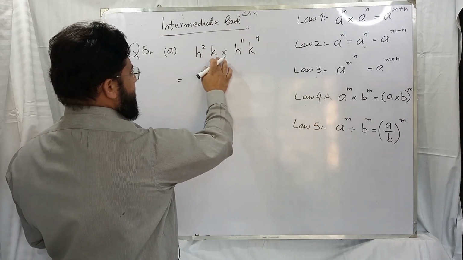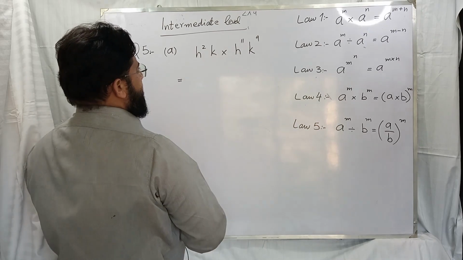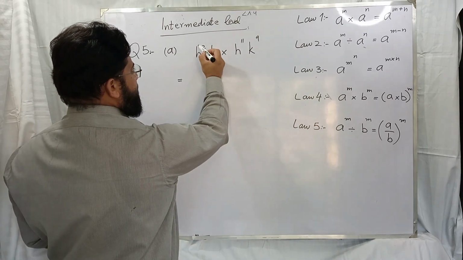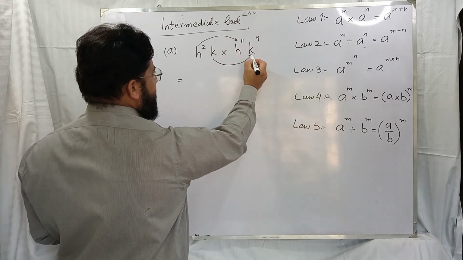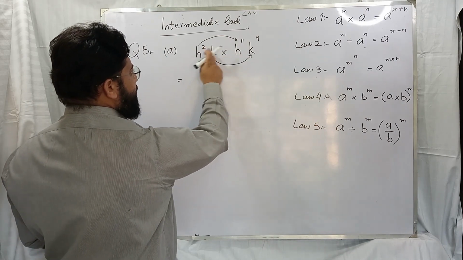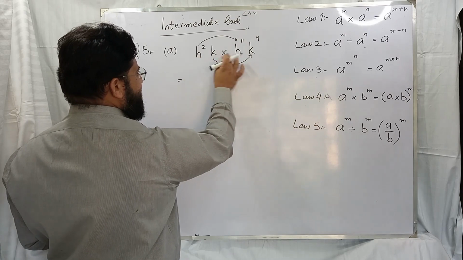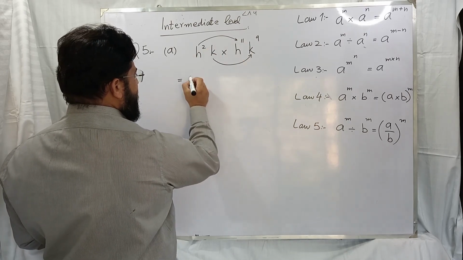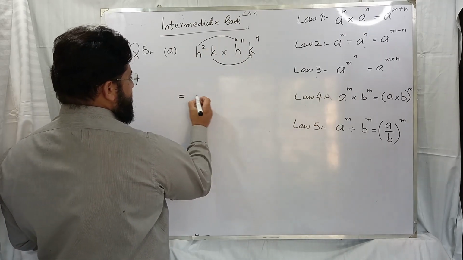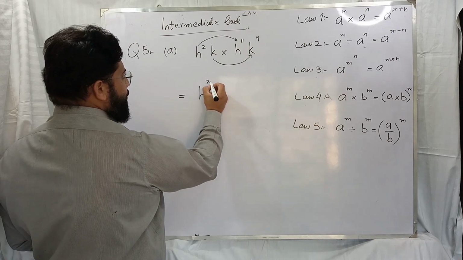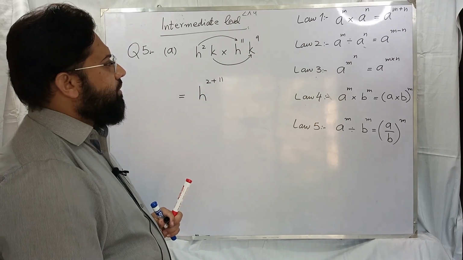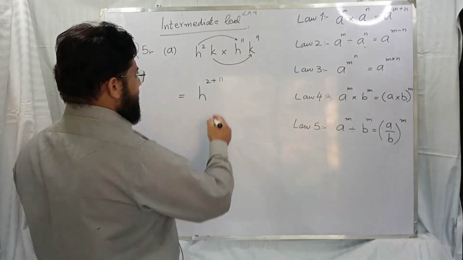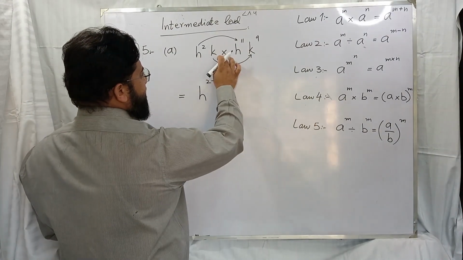Over here you can see, first of all, h will be multiplied by h and then k will multiply by k. So h square into h to the power 11, both the bases are same, their powers will be added. So we can write h to the power 2 plus 11, using law number 1. Next, multiply by k.